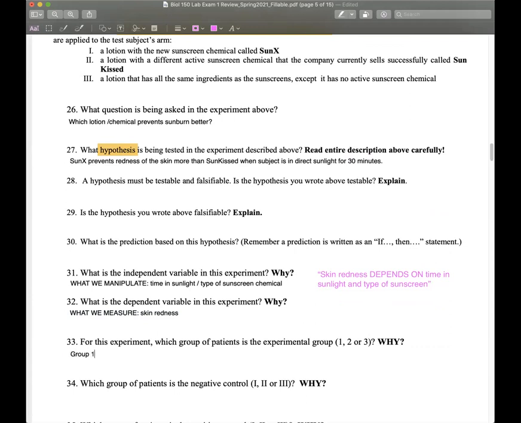Group 2, I believe, would be the negative control. And group 3 would be the positive control. You said group 2 is negative with the sun-kissed, and group 3 is positive? Actually, I think it's reversed. So group 3 would be the negative and group 2 would be the positive. Right.